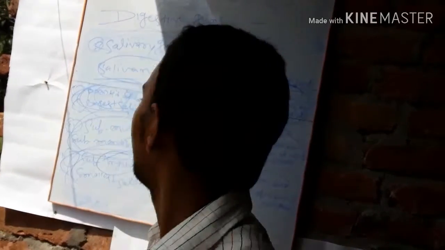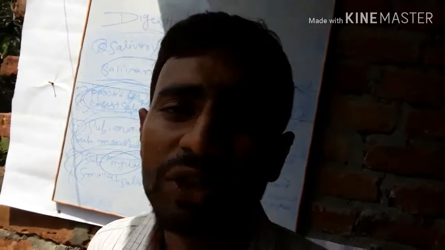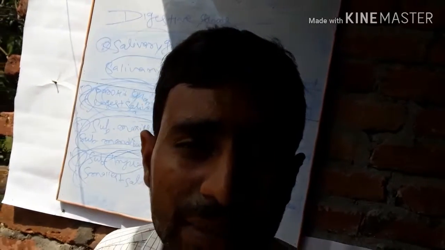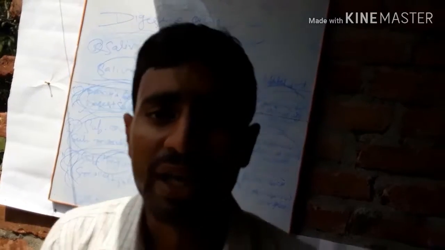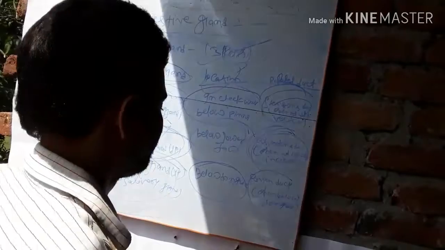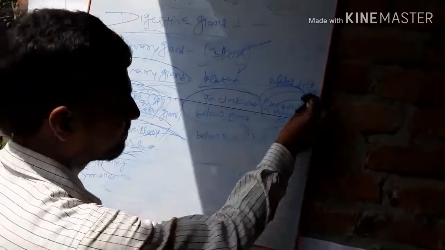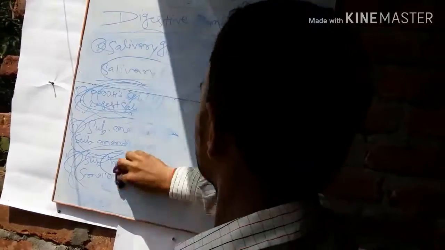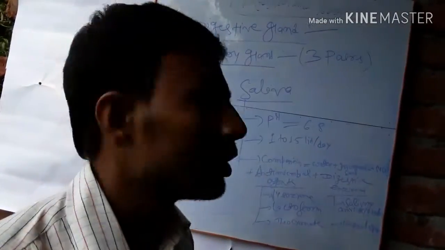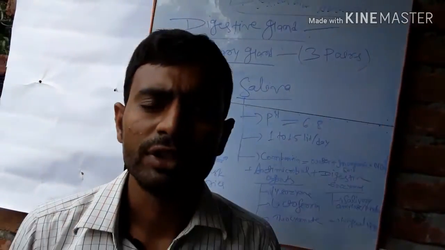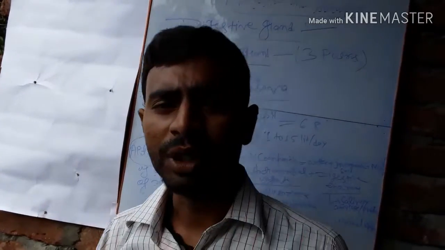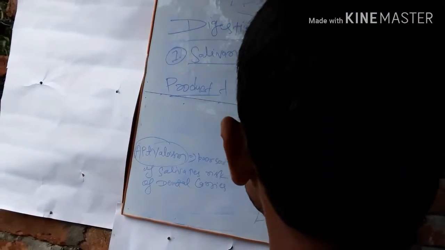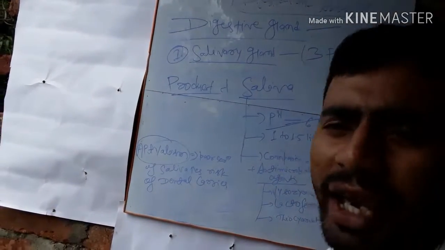Up next, what is the product of the salivary gland? The product of the salivary gland is saliva. Now we'll start to study about saliva. Saliva pH is 6.8.